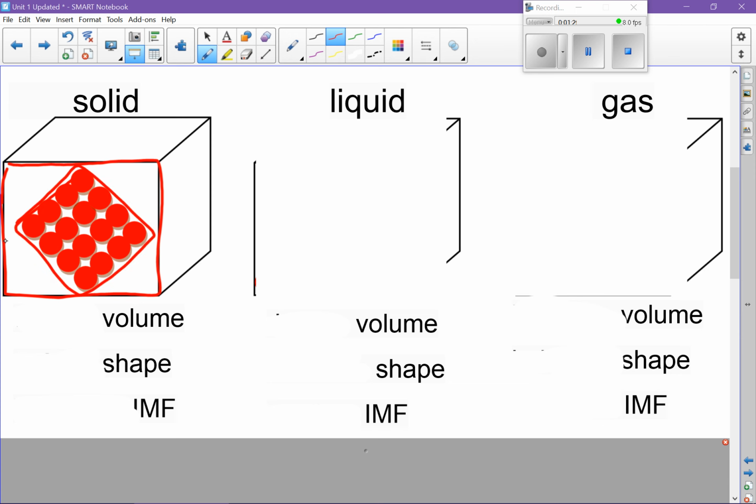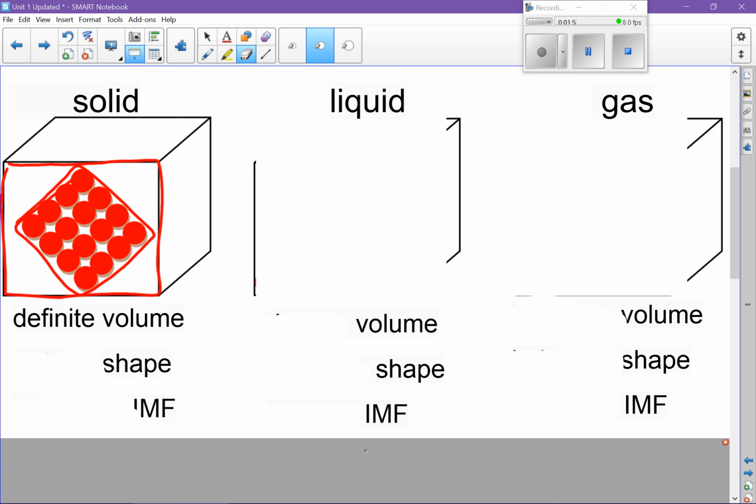And if I took the solid out of that container, it would still have the same shape that it currently does. So, the volume of these particles cannot change. See how they're already really tightly packed? We can't squish them anymore, so we cannot change how much space they take up. When we cannot change something, that is a definite volume.